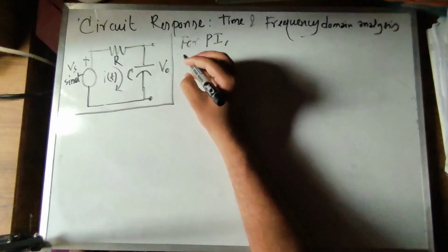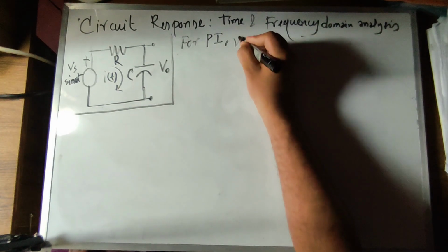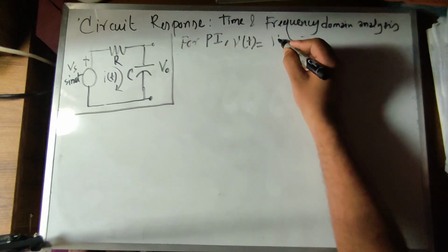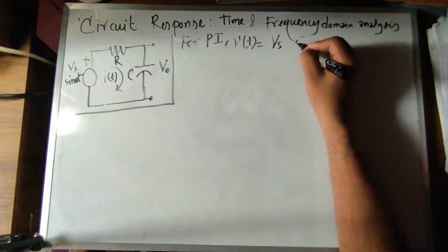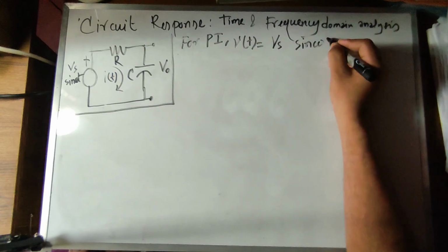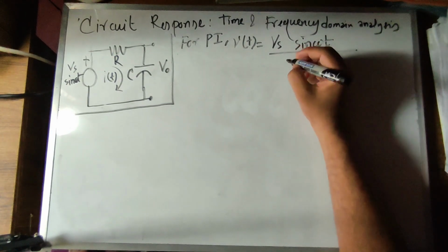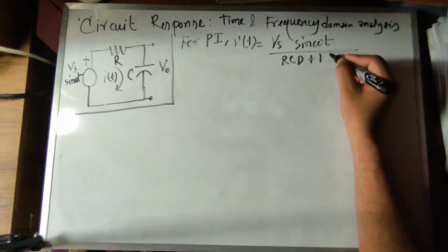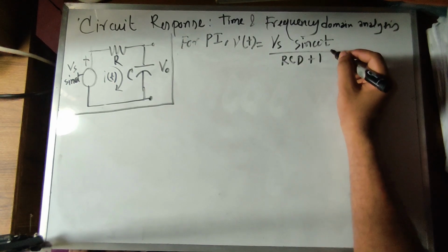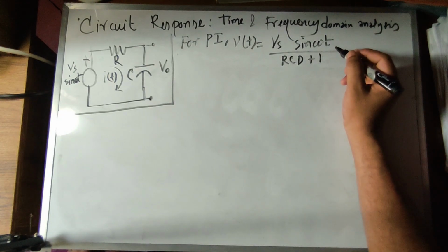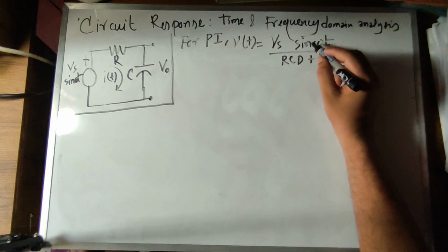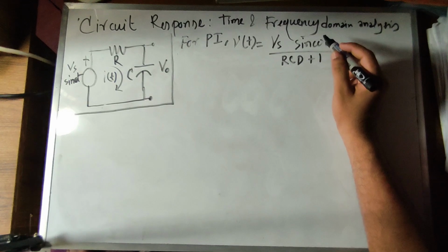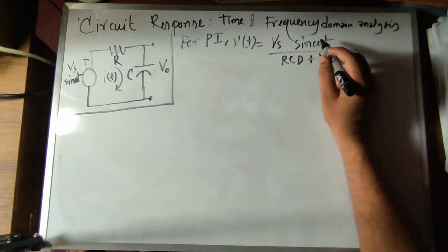So the particular integral V(t) equals Vs sine omega t by (RCD plus 1). Okay, now what to do? So we can break sine into complex exponential terms, the sine term.